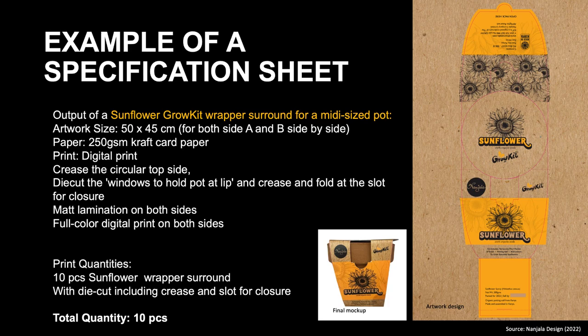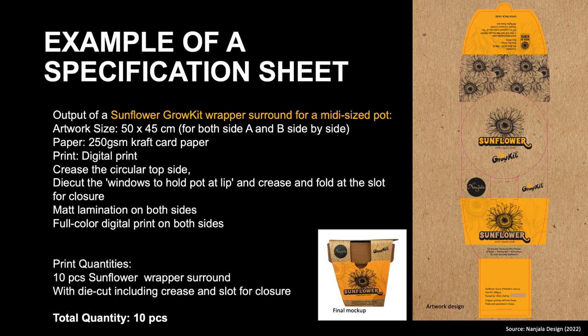It would also speak about the paper. The paper preferred would be 250 GSM craft card paper. Notice that there are different types of craft paper, and in this instance, it's a card type.